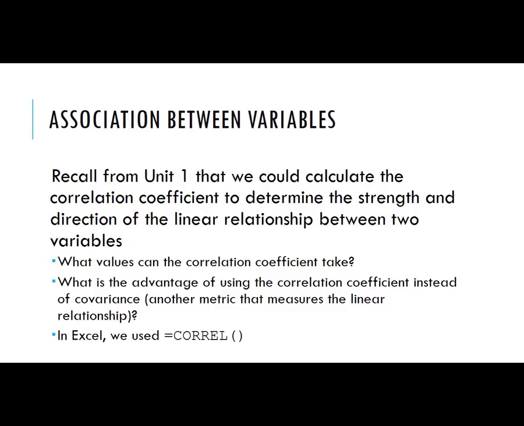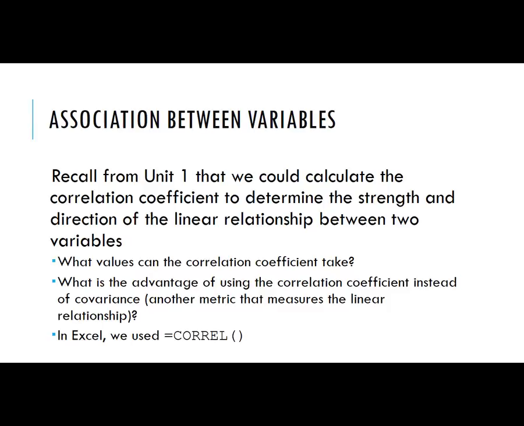In addition to plotting the data, we could also calculate some statistics. We talked about the correlation coefficient back in Unit 1, and it's used to determine both the strength and the direction of the linear relationship between the two variables. It's important to remember that it's a linear relationship that it's measuring.